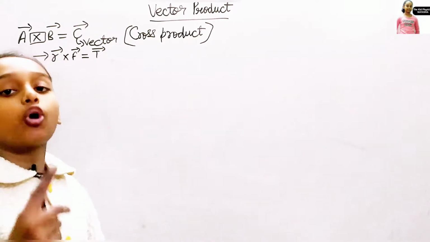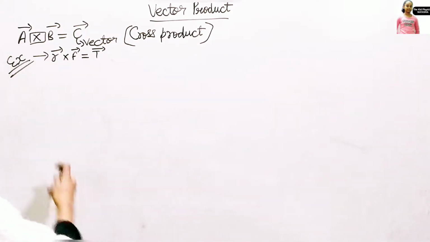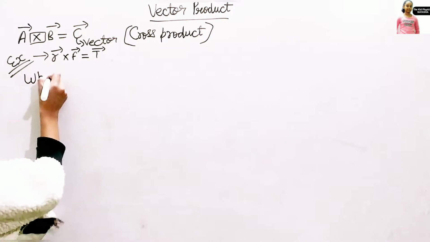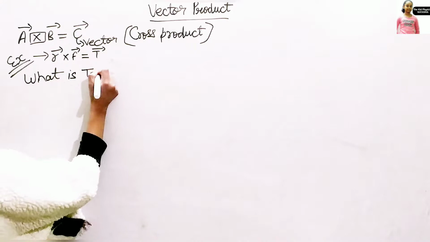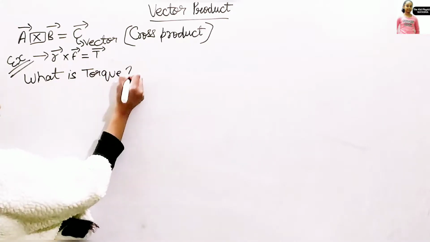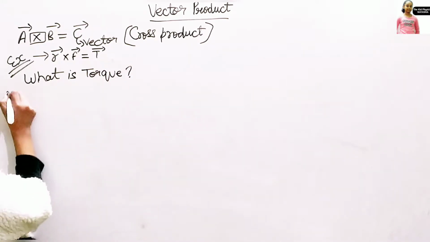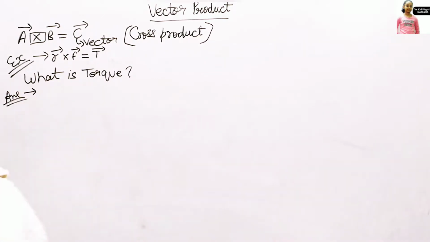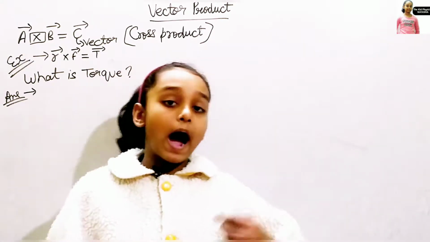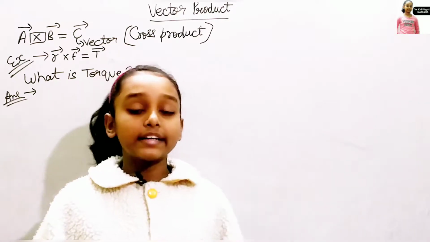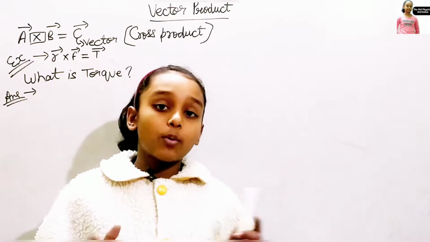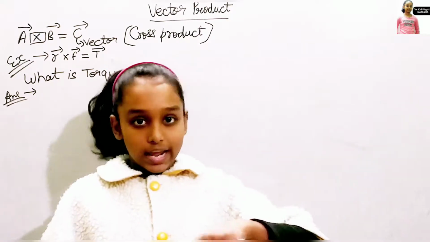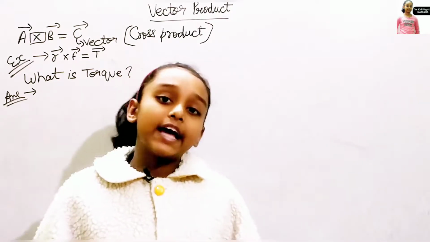Now let me tell you something about torque. What is torque? Torque is a measure of how much a force acting on an object causes that object to rotate, and that object rotates about an axis, which we can call the pivot point.